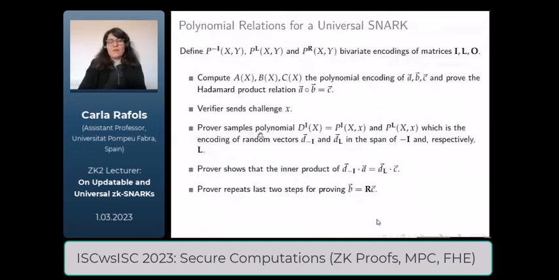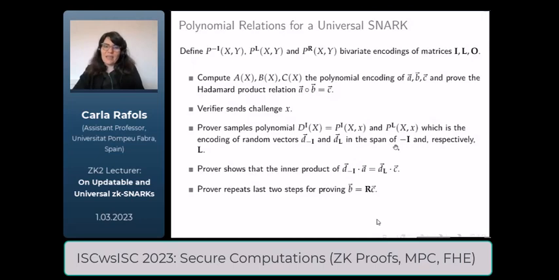The verifier just sends a challenge X, and the prover samples the partial evaluation of these bivariate polynomials associated to the matrices I and L. Afterwards, he also needs to do it, sorry, this is for the right matrix R, and so these polynomials, the partial evaluations, are the encodings of some vectors that are in the row span of minus I and L, okay?